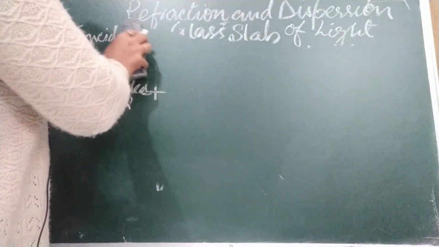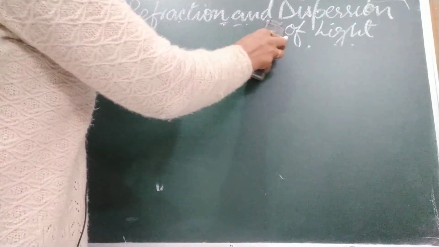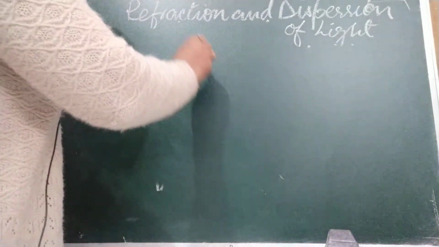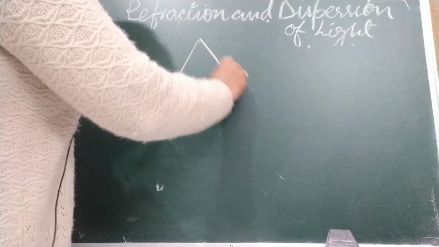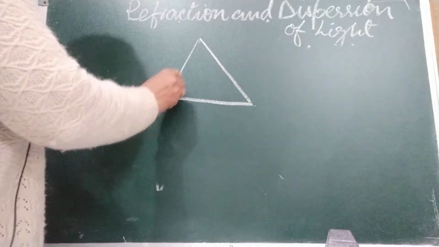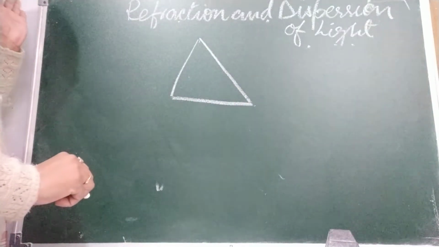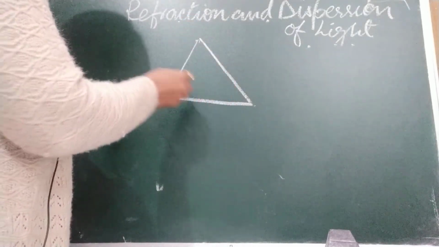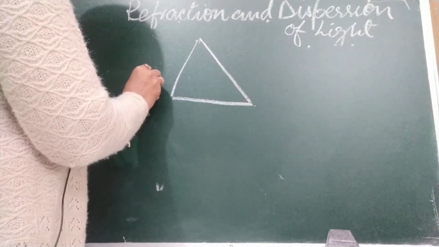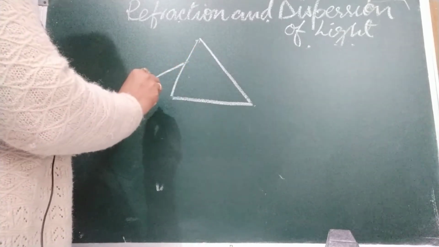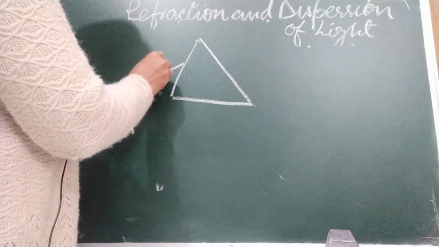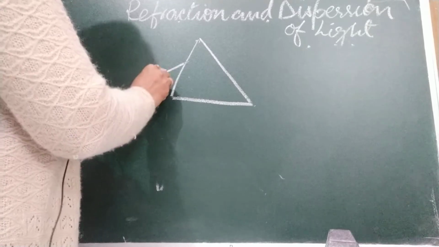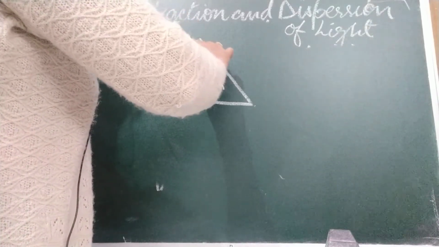Now we are coming to refraction in a prism. Okay, it is like a pyramid, a piece of glass. It is angular. What happens when the light ray passes through the prism? When it passes here, this is the incident ray. We draw the normal.